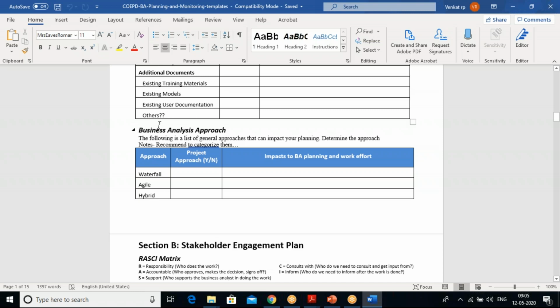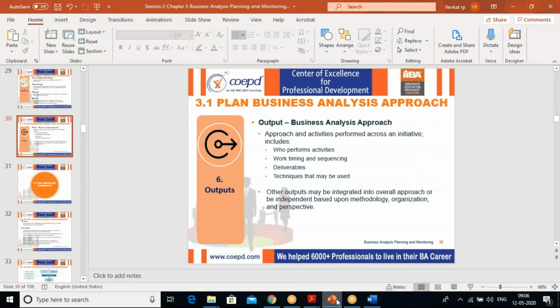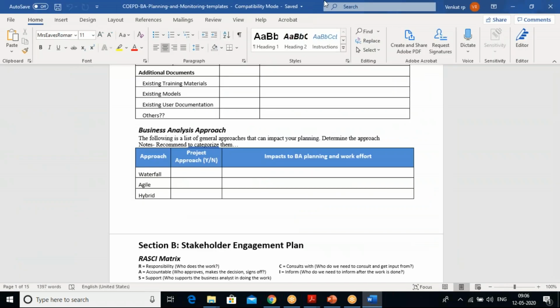First of all, this should be considered as inputs. Then based on it, we will come up with the approach. We will plan our work in that particular way. Hope you got an idea what we are trying to do here in the business analysis approach planning. Got it? Okay. And the next one is, yeah, we have a question here.